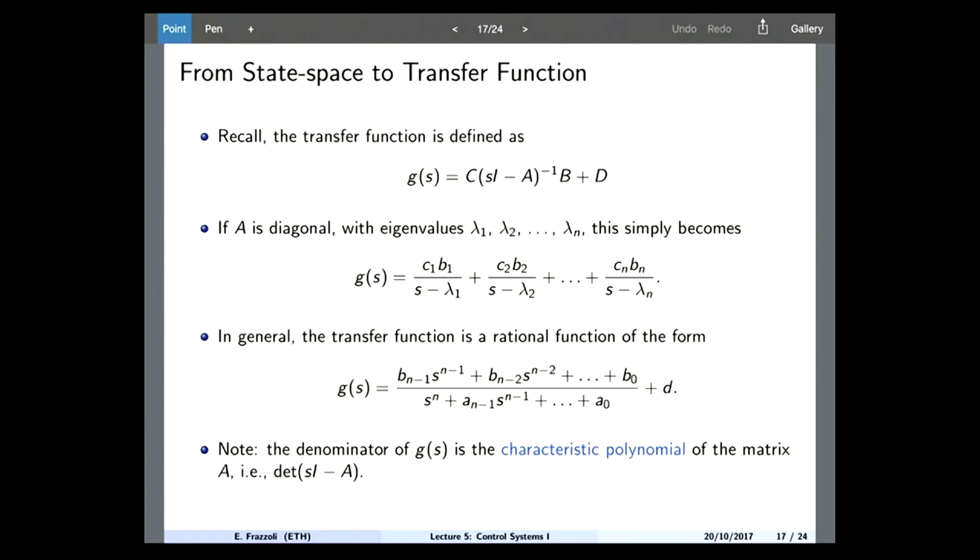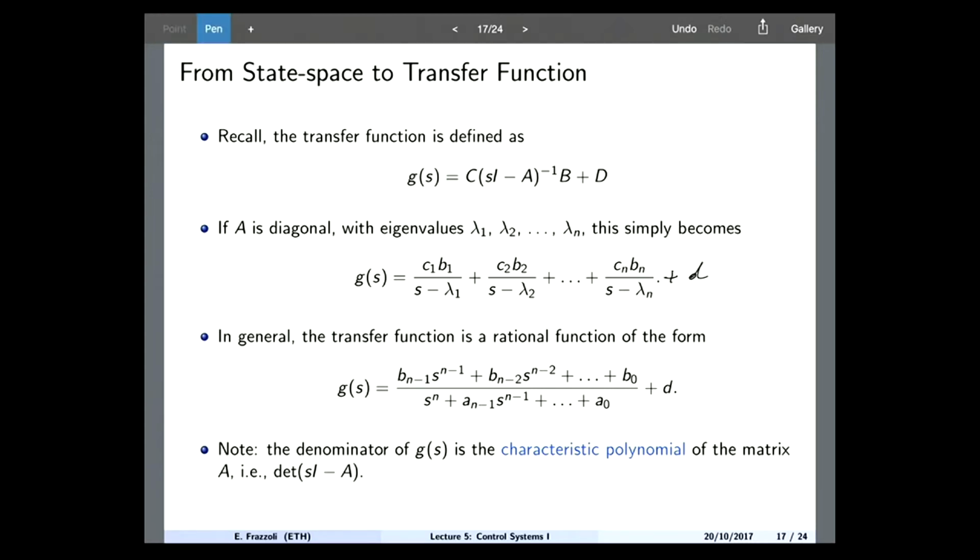It will be 1 over s minus the lambdas, okay? So the entries on the diagonal will be 1 over s minus lambda 1, 1 over s minus lambda 2, so on and so forth. When you're computing this whole thing, what you get, oops, I forgot a term here.